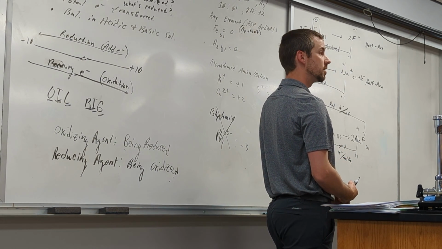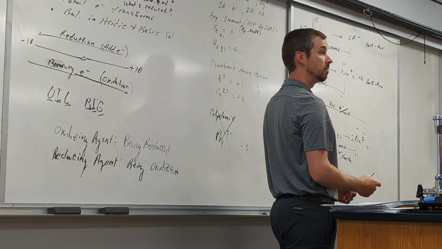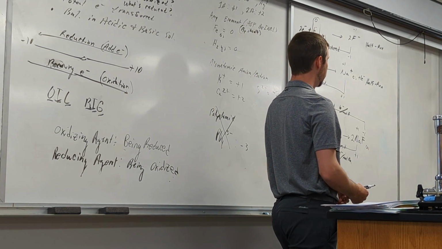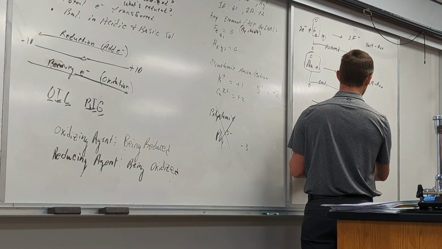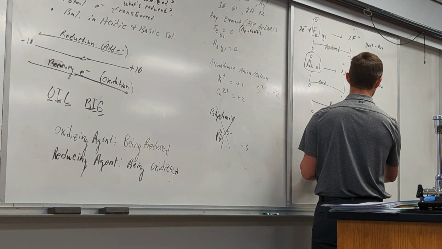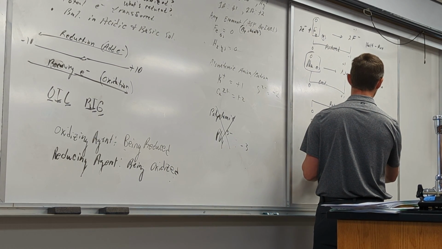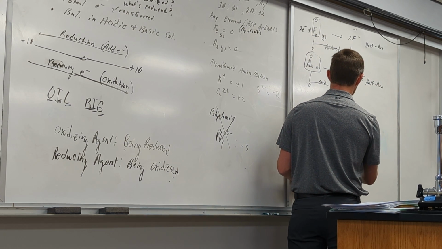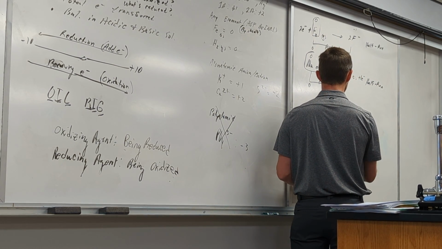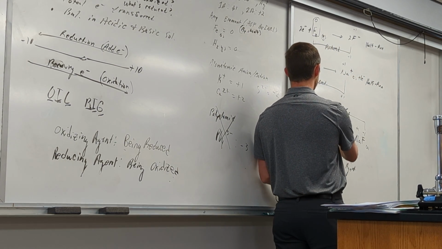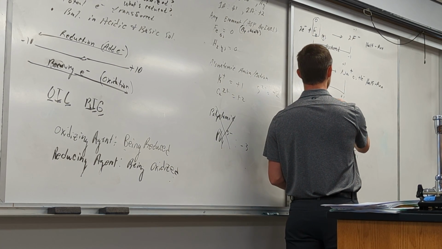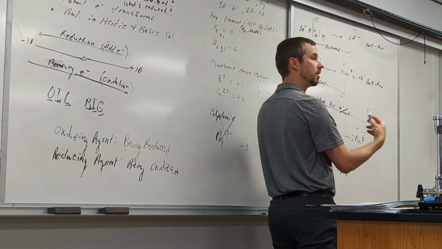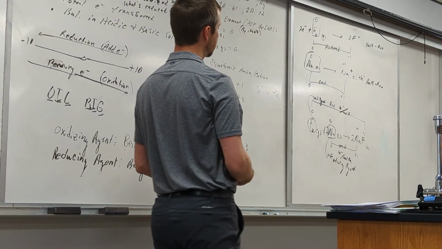Is it the oxidizing or reducing agent, sodium? Reducing agent. Okay. So it is the thing that causes something else to be reduced, right? So we would say sodium is the reducing agent, and we would say fluorine is the oxidizing agent. It's the thing that caused something else to have to give up electrons.